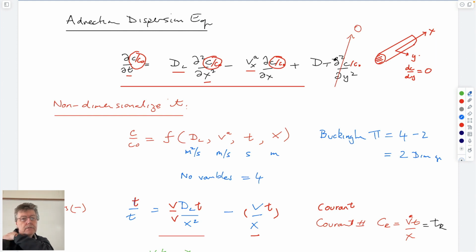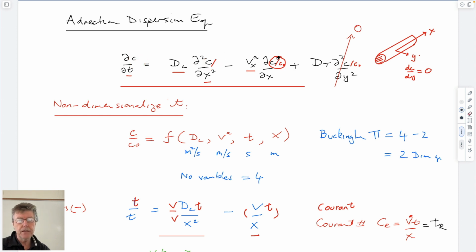So if we throw away this term in the advection-dispersion equation, and we start off without the red terms here, without dividing it, I guess I could get rid of them and then put them back. Might seem counterproductive, but why not?